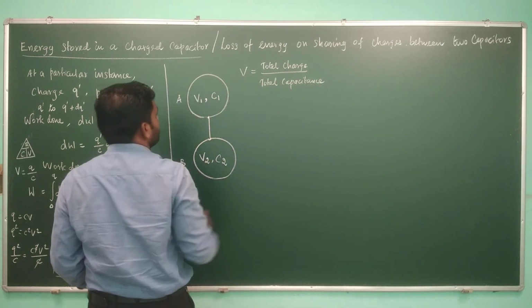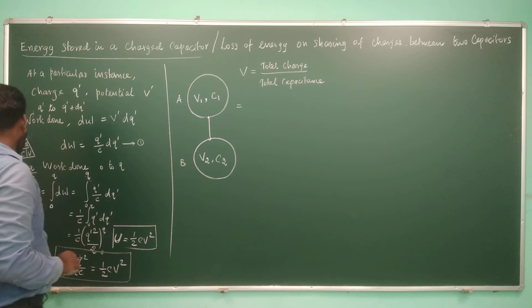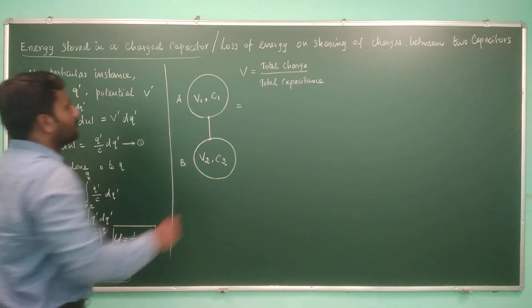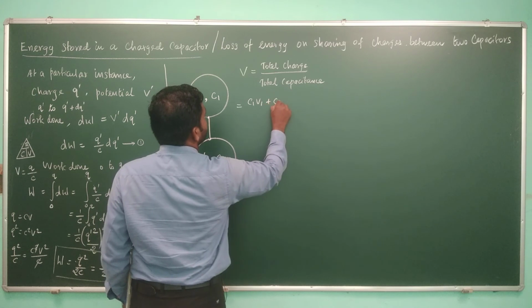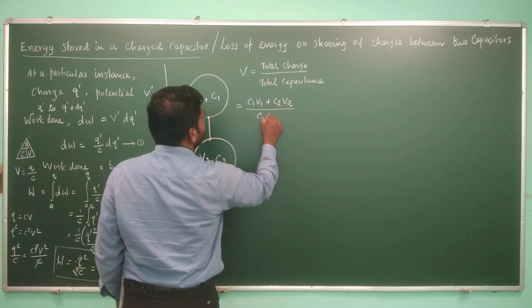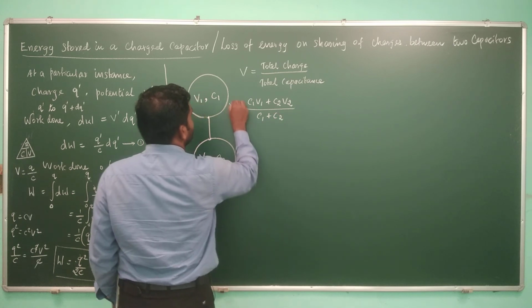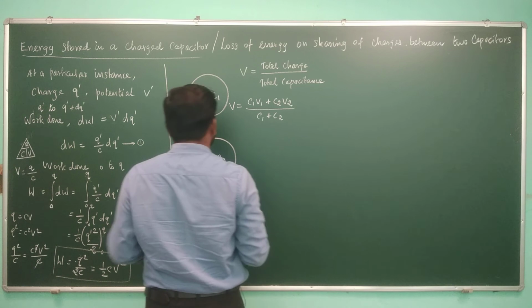What is the total charge? What is the formula for charge? Charge Q is equal to CV. So here C1 V1 plus C2 V2 divided by total capacitance C1 plus C2, this is V. This is equation 1, you can say.